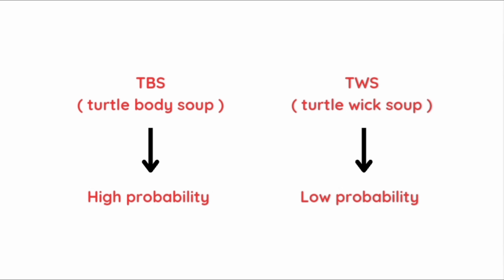And now everyone will have a doubt: which has the higher probability, TBS or TWS? The answer is TBS. Yes, TBS has a higher probability than TWS, because only a TBS entry can make you a consistent trader.